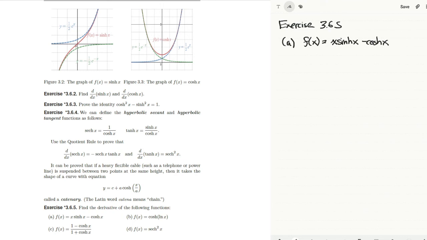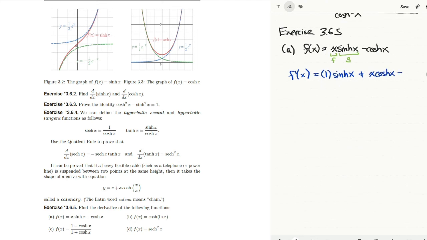So let's find the derivative of x sinh of x minus the cosh of x. So for the first term, we need to use the product rule since we have the product of two functions. And so the derivative is the derivative of x, which is 1, times g, which is the sinh of x, plus x times the derivative of g, which is cosh.